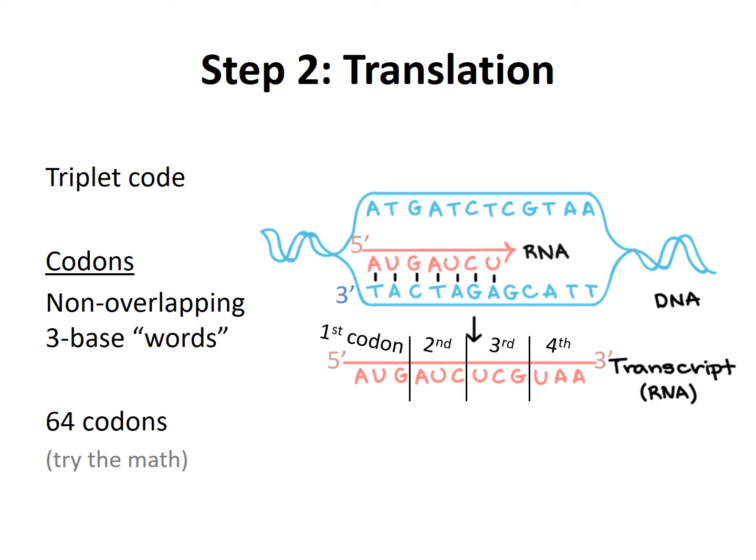Since there are 4 nucleotide bases in RNA, A, U, C, and G, you can put them together in every iteration possible, every ordering. It could be AAA, AAG, ACG, and so on. So if you try all combinations, there are 64 combinations. So there are 64 codons possible.